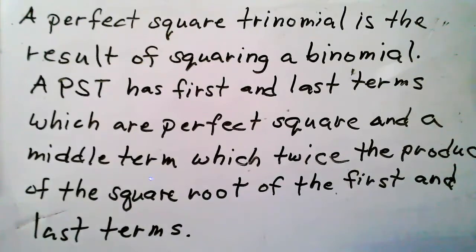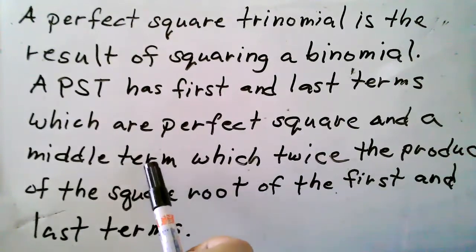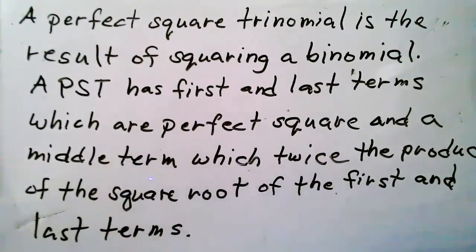So note that a perfect square trinomial is the result of squaring a binomial. A perfect square trinomial has first and last terms which are perfect squares, and a middle term which is twice the product of the square roots of the first and last terms, okay?